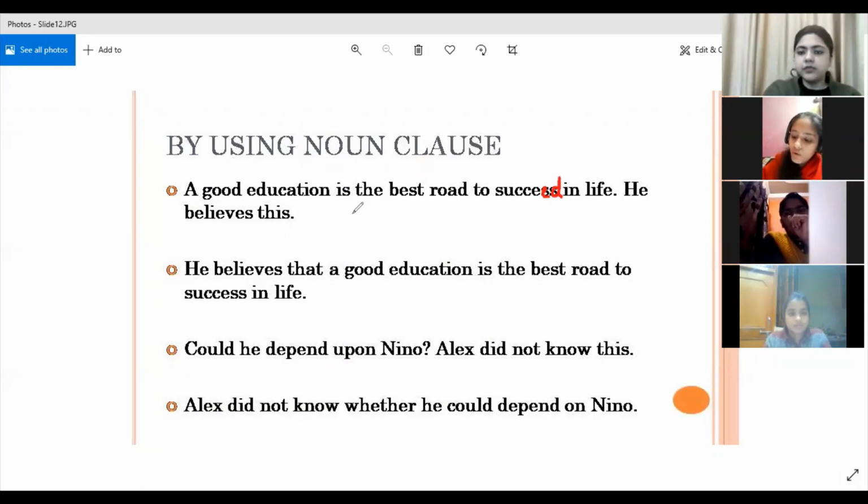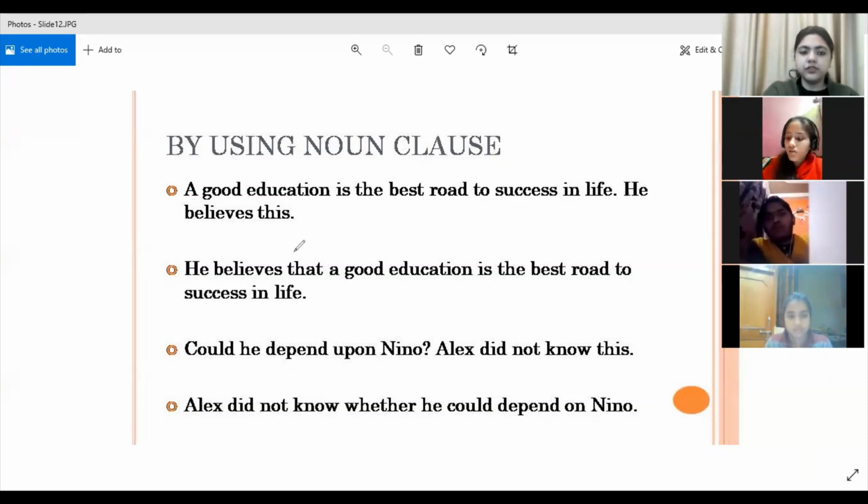These are two simple sentences, and we have to join them into a complex sentence. So we will start like this: He believes that a good education is the best road to success in life.